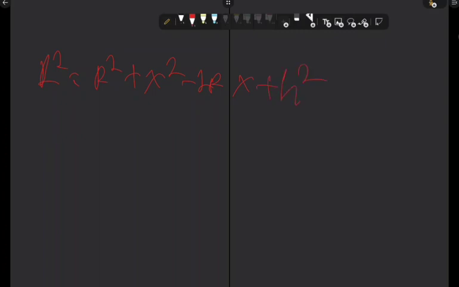Now r square and r square cancel out, so x square minus 2rx plus h square is equal to 0. From here, x square plus h square is equal to 2rx. Suppose this is equation number A.